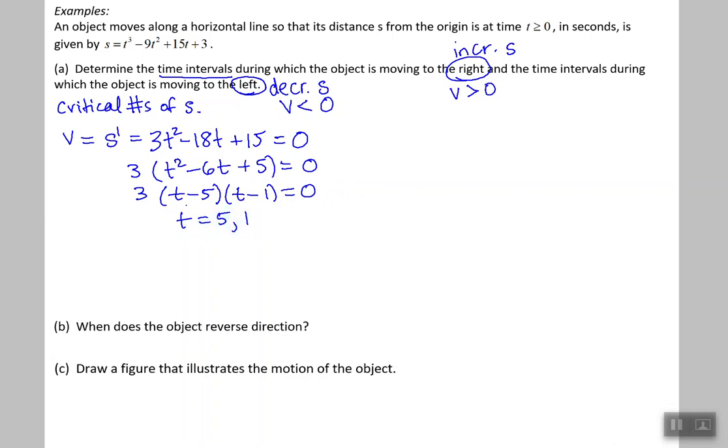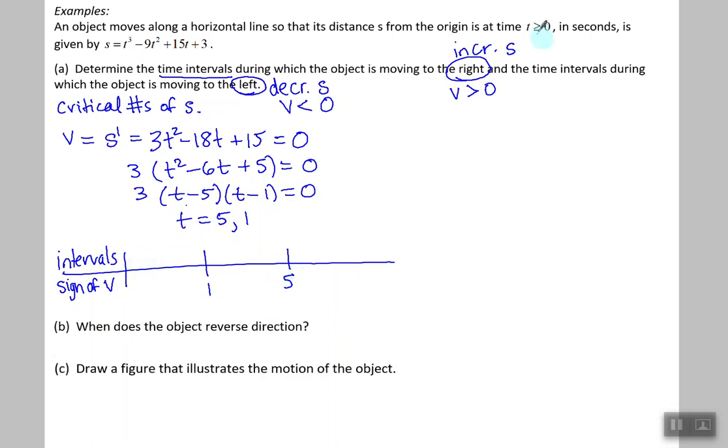Now we set up our intervals. And we want the sign of v, the derivative of the position. Make sure that we put these in order, 1 and 5. And normally we would be starting at negative infinity.